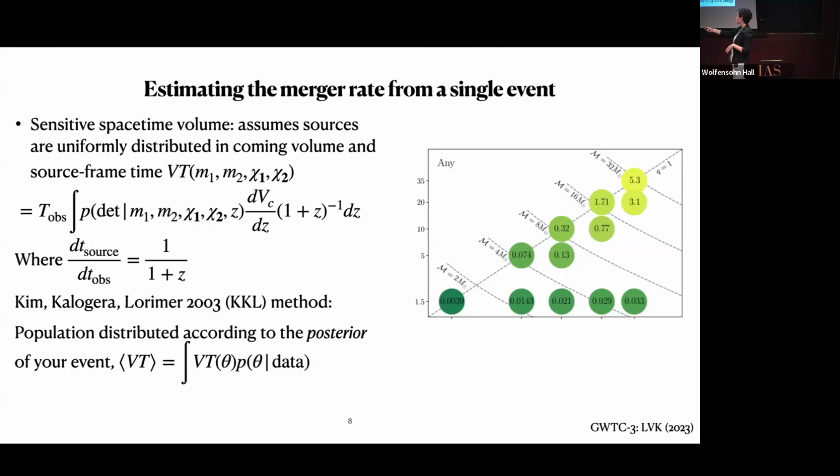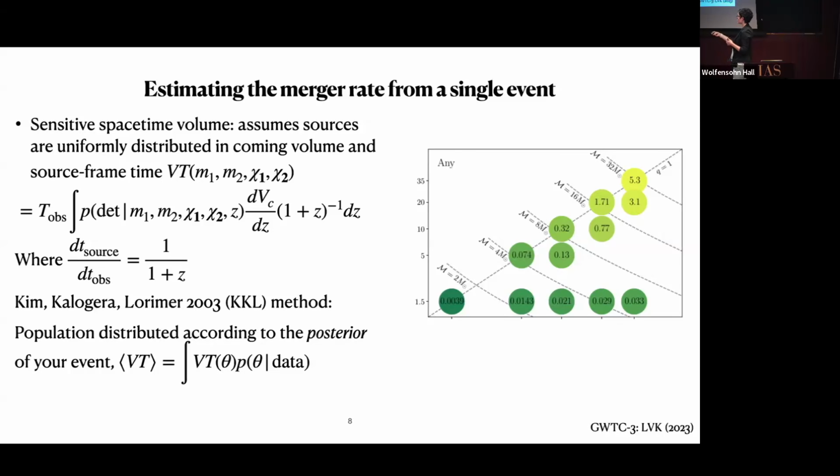Now I've just replaced M1, M2, chi1, chi2 with this theta because it's shorter. And then you just integrate out, this is missing a d theta term, but you just marginalize over your VT that you get for every M1, M2, chi1, chi2 in your posterior, and you marginalize out the unknown theta with the posterior.